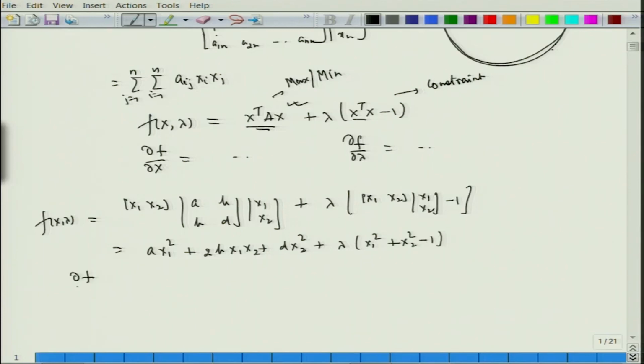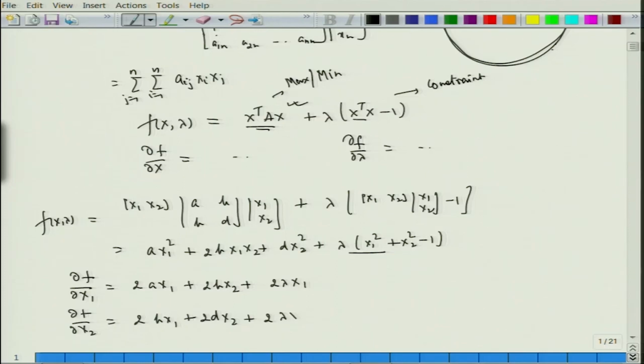Now, if I want to differentiate with respect to x1, I get 2a x1 plus 2b x2 plus 2 lambda x1. Del f by del x2 is 2b x1 plus 2d x2 plus 2 lambda x2.